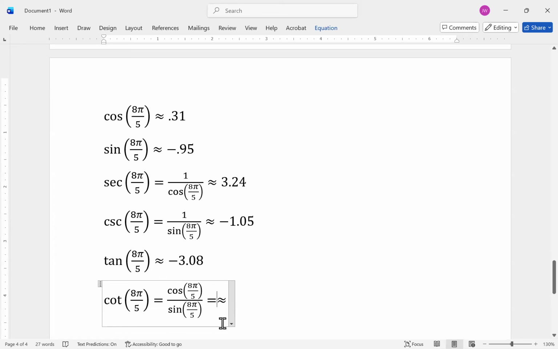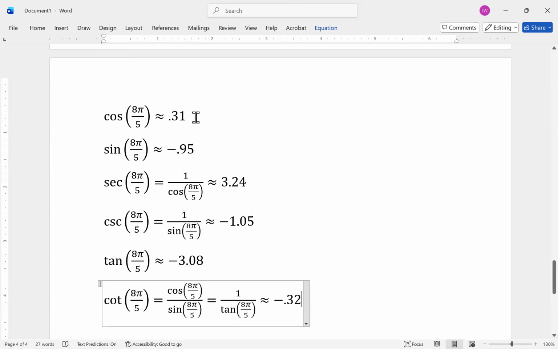So cotangent is actually the reciprocal of tangent. So 1 over tangent of 8 pi over 5 is another way to type that into your calculator. That gives you about negative 0.32.